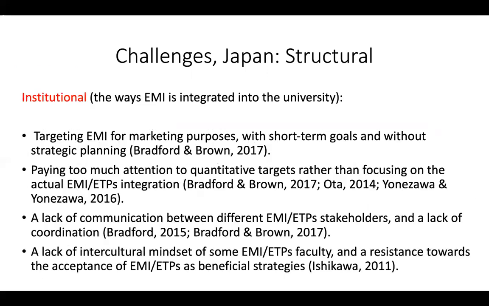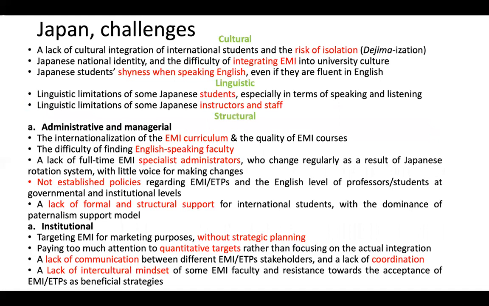And in terms of institutional challenges, meaning the ways EMI is integrated into the university, there are also a couple of challenges, such as targeting EMI for marketing purposes with short-term goals without strategic planning, paying too much attention to quantitative targets rather than focusing on the actual integration, a lack of communication between different stakeholders, a lack of coordination, and the lack of intercultural mindset of some EMI faculty, and the resistance toward the acceptance of them as beneficial strategies were pointed out.